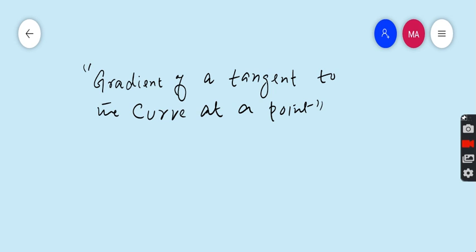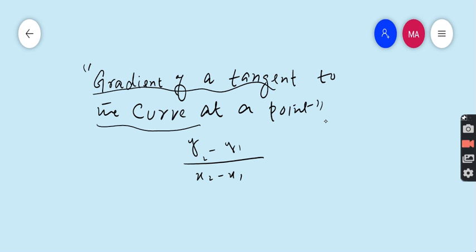You are aware of the formula of the gradient of a straight line, that is y2 minus y1 upon x2 minus x1. Now the gradient of a tangent to the curve is represented by dy by dx.